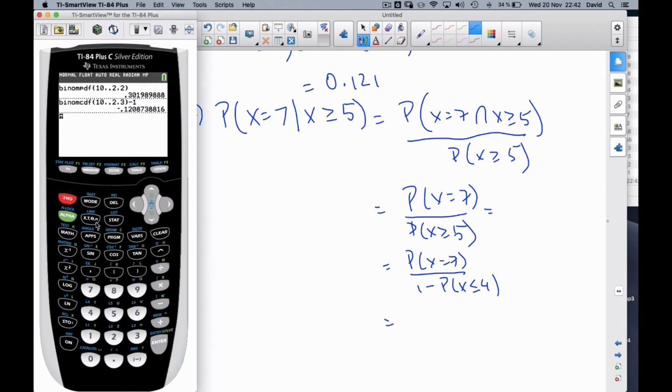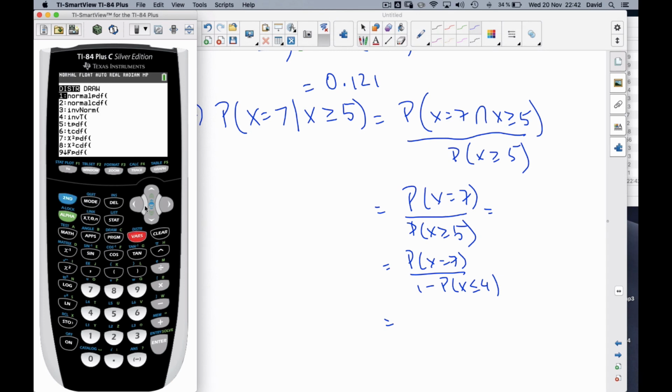I'm going to go to the Binomial PDF. And I'm going to go 10, 0.2, and 7. I'm going to paste that in. And I'm going to divide it by, open parenthesis, 1 minus the probability of, I'm going to go to cumulative now.